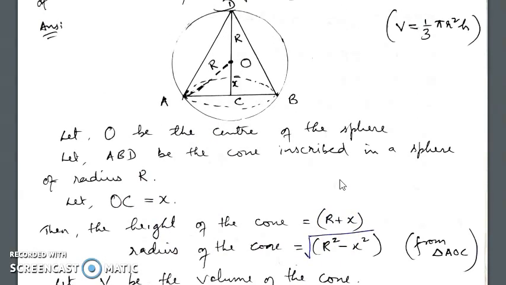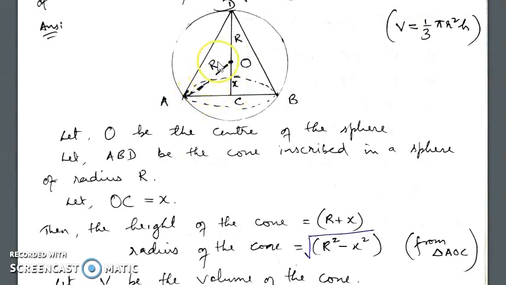And then what will be the radius of the cone, from A to C or from C to B? To find the radius of the cone, I have to join A to O. This length should also be the radius, capital R. So I have to use Pythagoras in this triangle AOC.